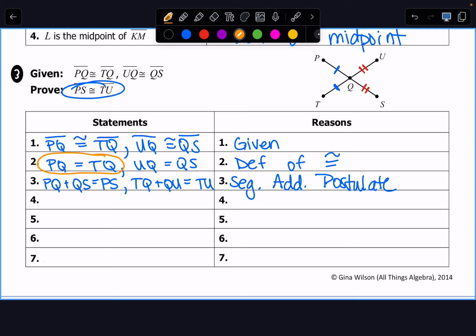You see this right here, right? 3 lines equals 3 lines. Since PQ and TQ are the same, then we can take this statement and we can replace PQ with TQ. You see that? I replaced PQ with TQ. What's that called when I replace?